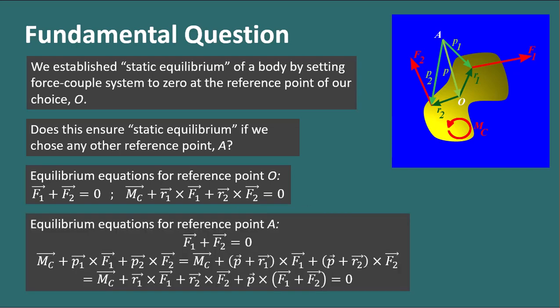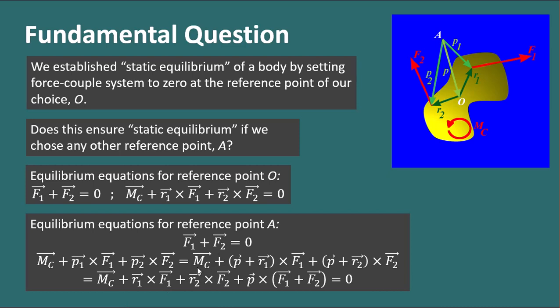Let's take another point, A, and the equilibrium equation for reference point A is F1 plus F2 equals 0. And the moment at A should be 0, which is the couple Mc, then the moment due to F1 and F2, which we calculate as P1 cross F1 and P2 cross F2.